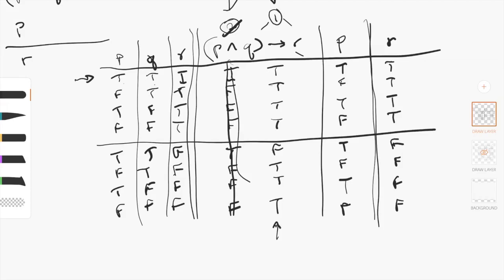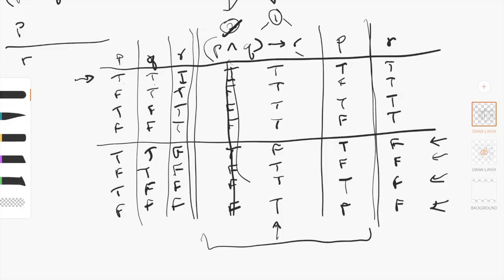All right, now, as before, what we want to do is look at the truth table in the light of the definition of validity. So again, the definition of validity says if the premises were true, the conclusion cannot be false. So to save time, let's look at the rows where the conclusion is false. So that's the last 4 rows, obviously.